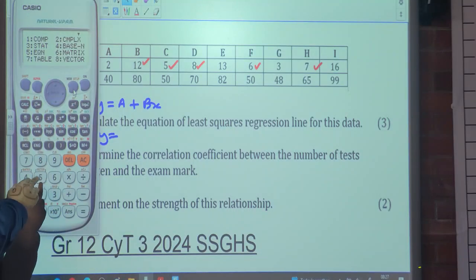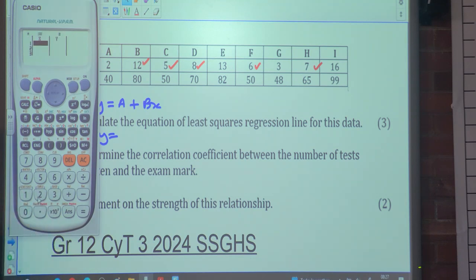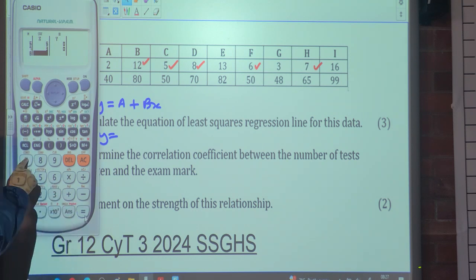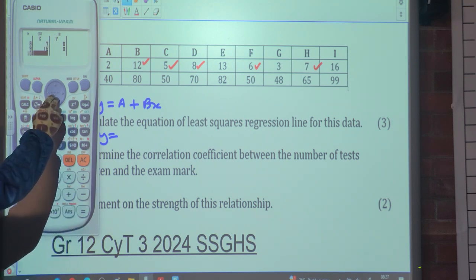We program the calculator, we press mode stat, which is 3, 2, 4, the least squares regression line. So first value is 2, then 12, 5, 8, 13, 6, 3, 7, 16.